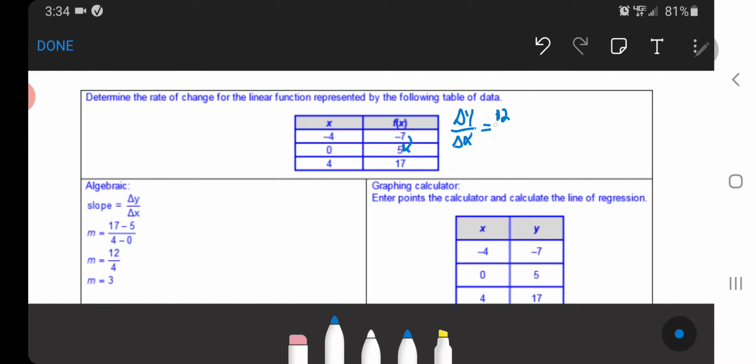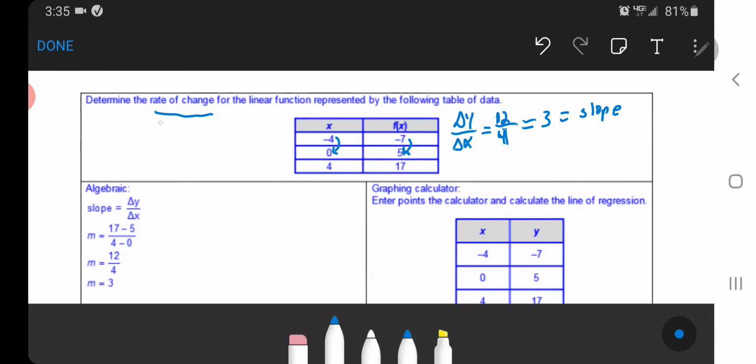So 12. And our change in x goes from negative 4 to 0. So that goes up by 4. So technically, our slope will be 12 divided by 4. And when we simplify that, we get 3. So our slope would be 3, or our rate of change would be 3 in this case. Once again, remember, rate of change is the same thing as saying slope.